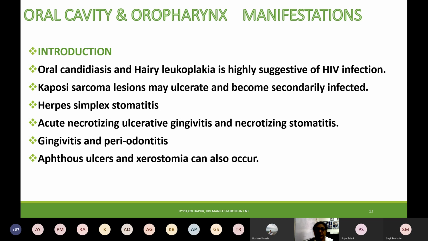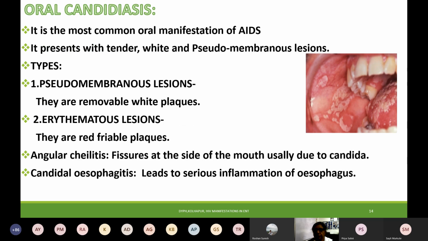Herpes simplex stomatitis, acute necrotizing ulcerative gingivitis, necrotizing stomatitis, gingivitis and periodontitis, herpes ulcers and xerostomia can all occur in the oral cavity. Kaposi's sarcoma is a short note for you, remember well. If you get a short note on Kaposi's sarcoma, you must write everything about ENT manifestations in HIV.